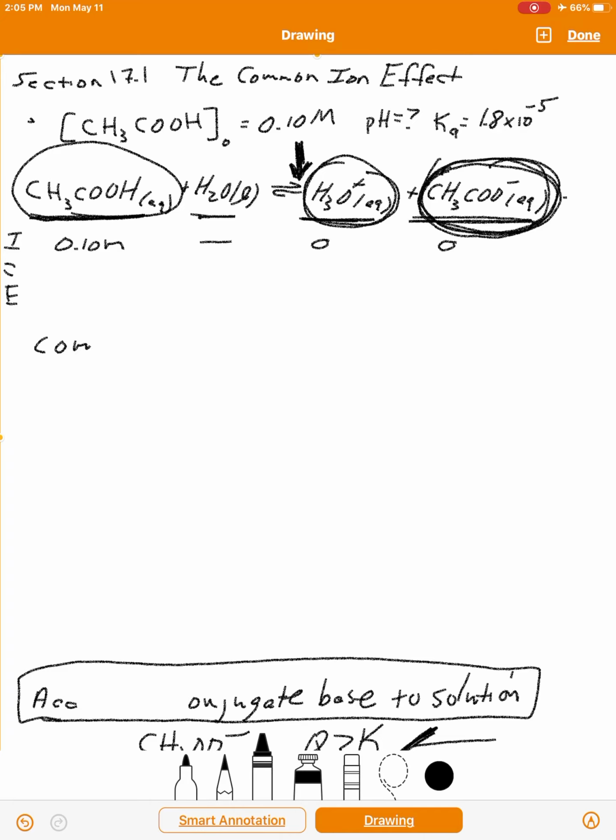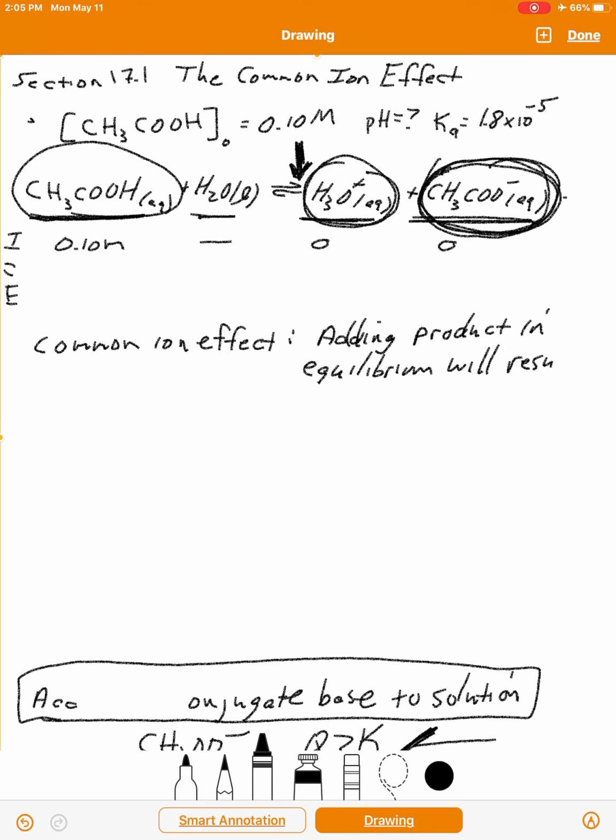So I'm going to define the common ion effect this way, just in words. Adding the product in the equilibrium will result in shifting the equilibrium to the left.